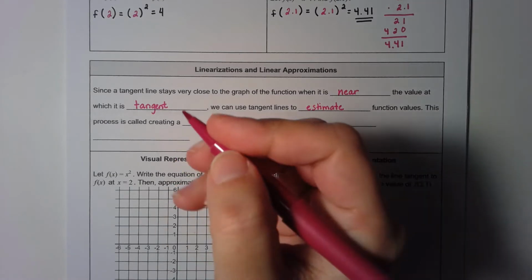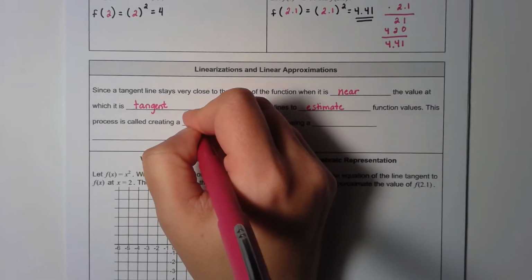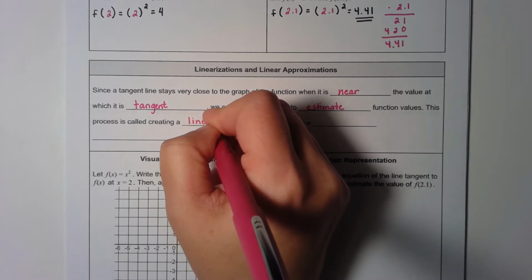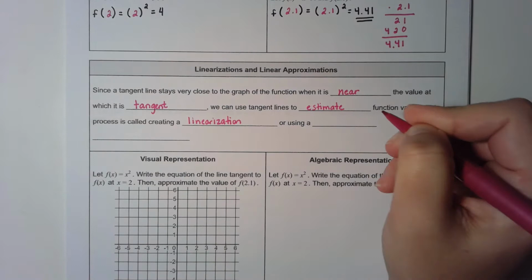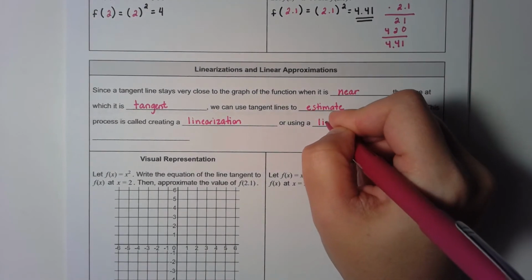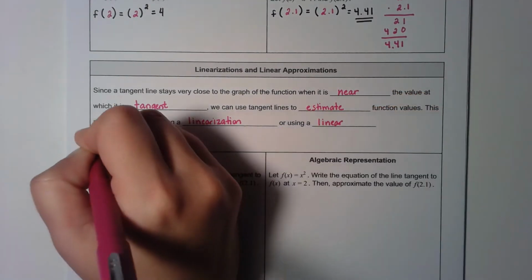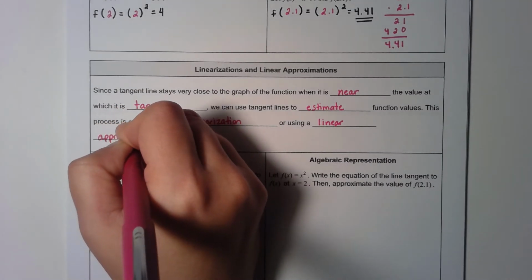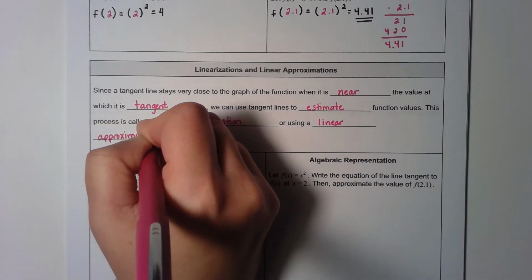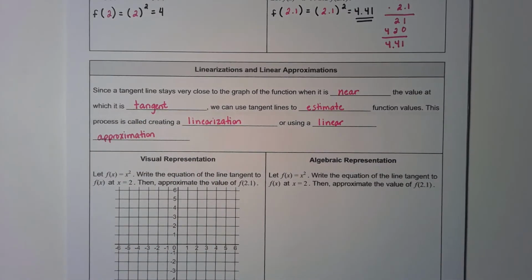This process is called creating a linearization, or using a linear approximation. Now, the word linearization comes from the word linear, meaning line.